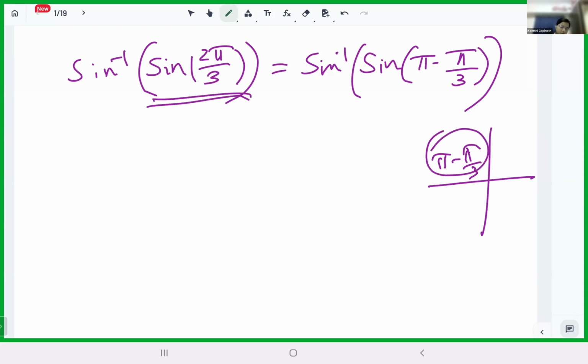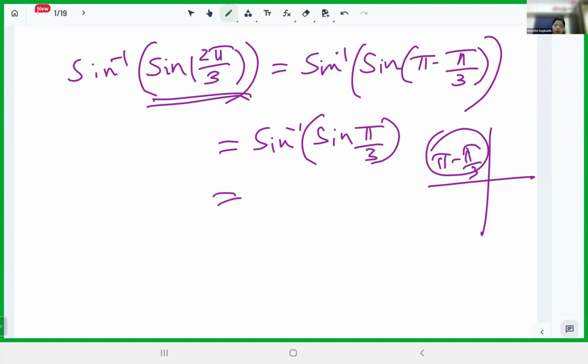That is why sine of 2 pi by 3 is written as sine of pi minus pi by 3. By using the reduction formula, sine of pi minus pi by 3 can be written as sine of pi by 3.